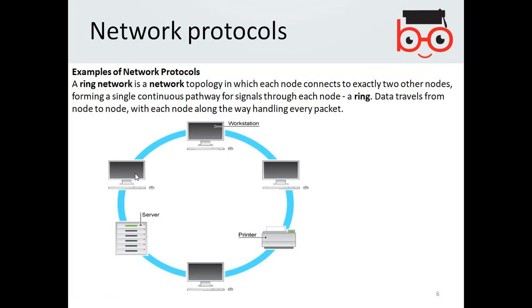You can communicate from one computer to another computer, and that also makes a network, where one computer is connected to two devices at a time so that they can make a ring. Making a ring in a network connection is called a ring network.